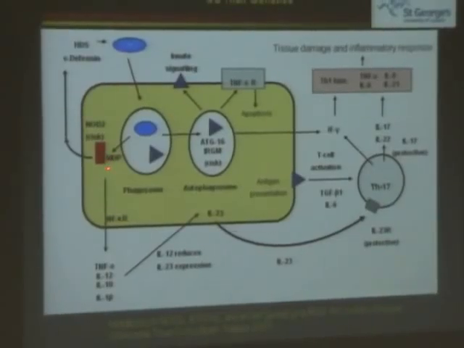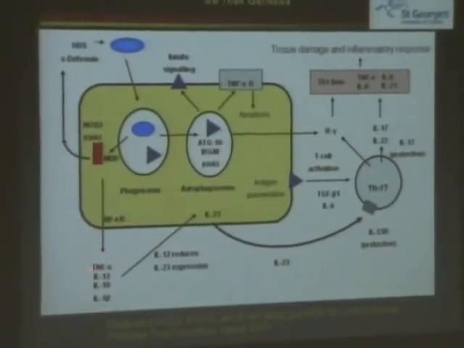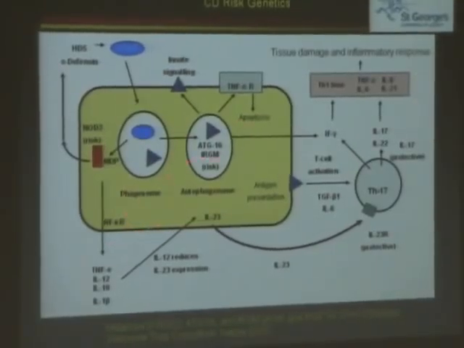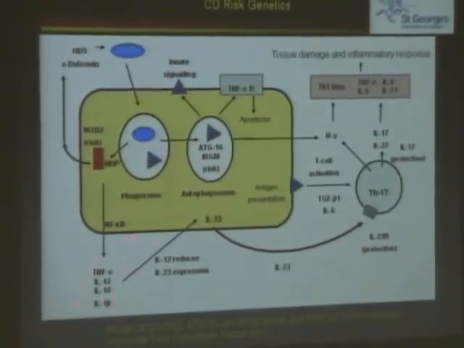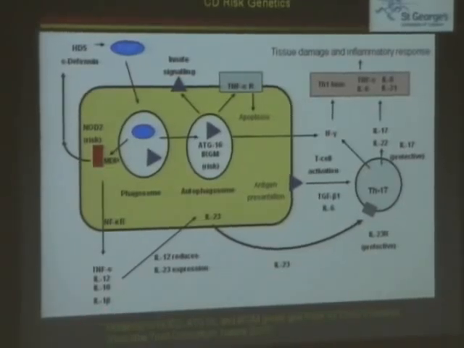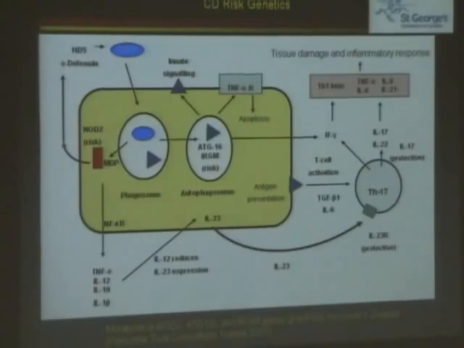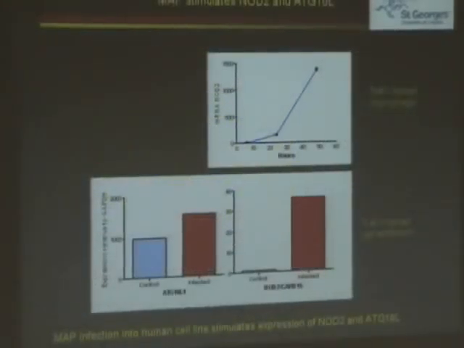It also has another pathway which comes down through here to another set of cytokines that are activating and killing of the cells, and also activation of different types of immune systems. So this is the system we're looking for. These are risk genes, and we have to connect MAP to these risk genes.